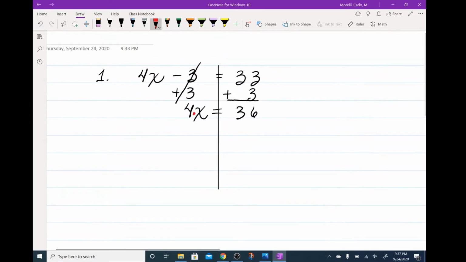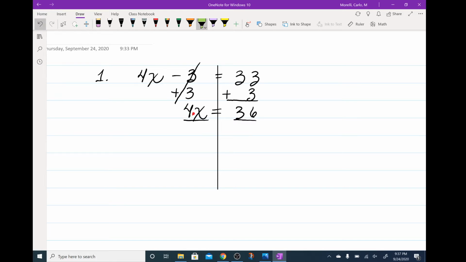It's important to remember that there is really multiplication going on between that 4 and that x. And so what we're actually looking to do is the inverse or opposite operation from multiplication, which in this case would be division, okay? So we need to divide both sides of the equation by something. And that something is something we call the x coefficient or the variable coefficient.